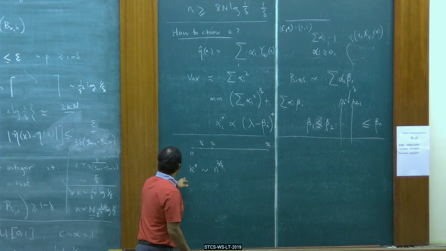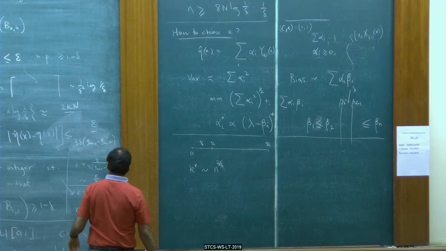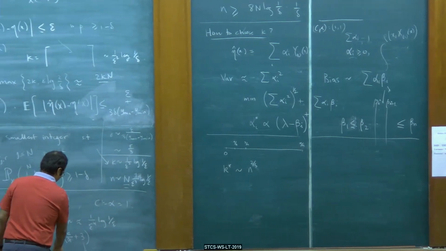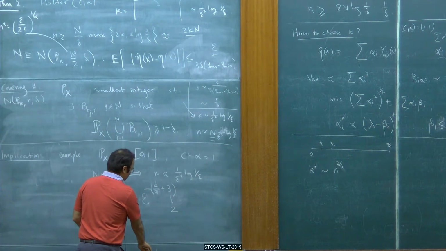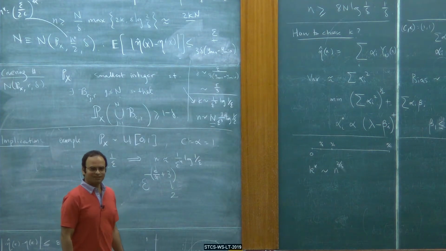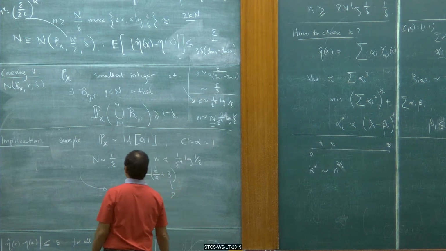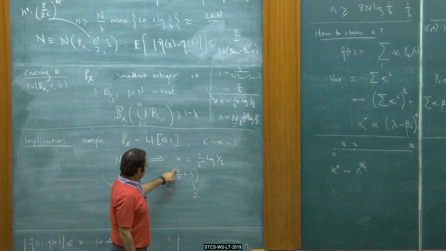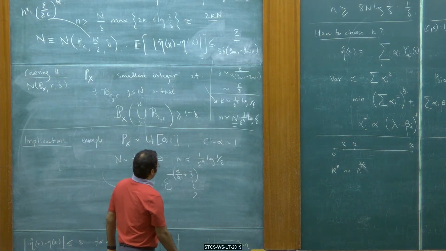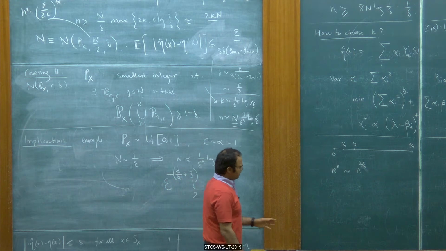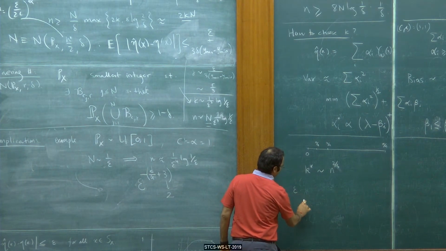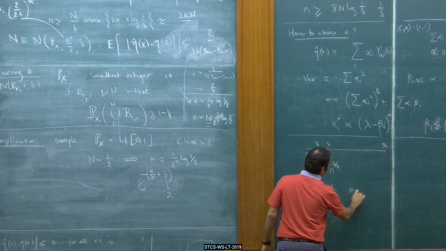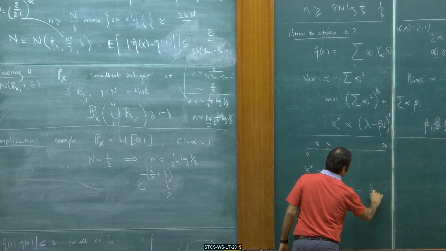So we can go back to our world and see what happens. It all depends on whether you are getting the optimal rate or not. Let's go back to this one. We did that calculation, and again, as I said, this is suboptimal. If D equals 1 and alpha equals 1, then for a given epsilon, K should be like 1 over epsilon square, and N should be like 1 over epsilon cube.